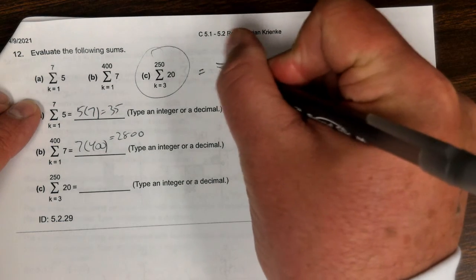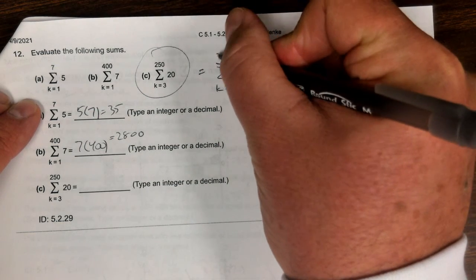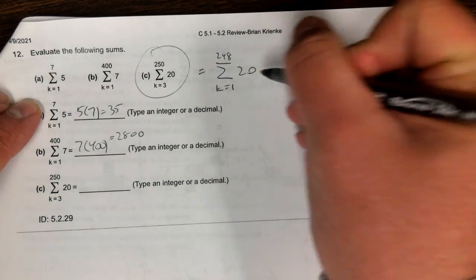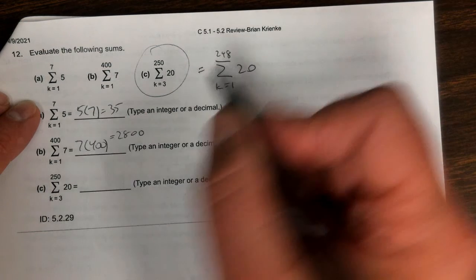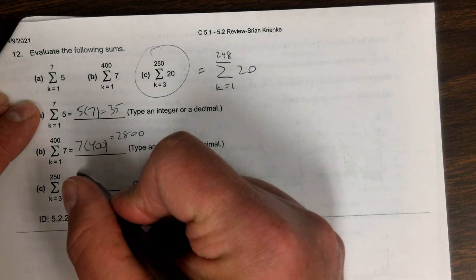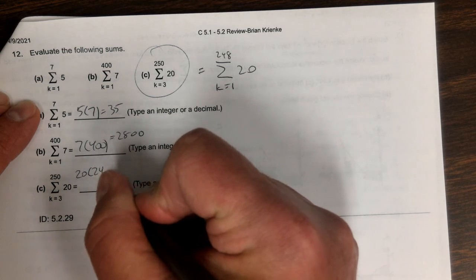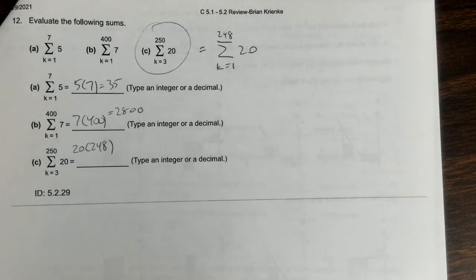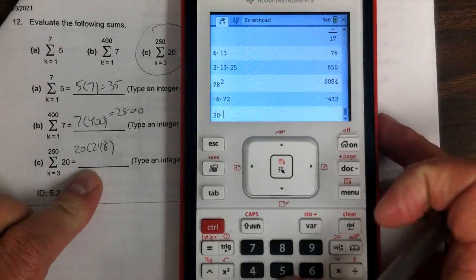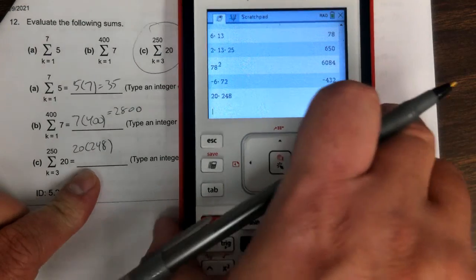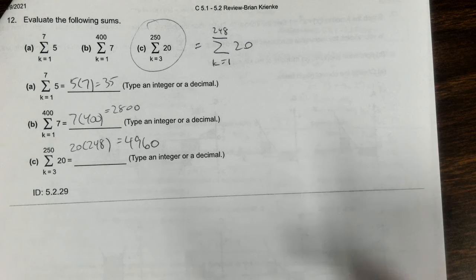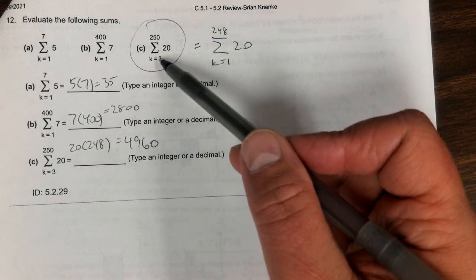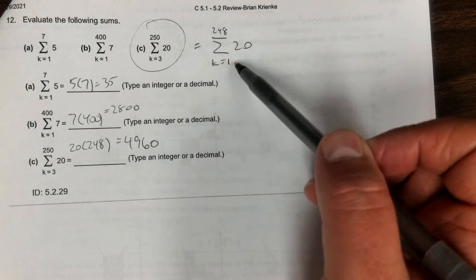It's probably the same thing as k equal 1 to 248 of 20. So what if we did 20 times 248? Times 248, and that's 4960, which is the correct answer. Okay, so if your starting point is not 1, you got to adjust it.